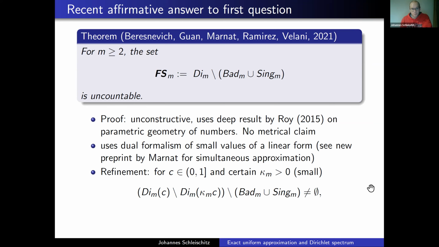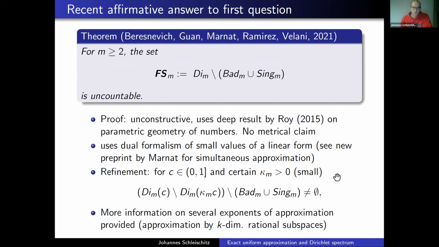So in fact you can prescribe up to some certain explicit kappa_m your approximation, but this kappa_m tends to 0 quite fast as m gets larger. So up to a factor kappa_m, basically you can approximate and still land in your set FS of m.